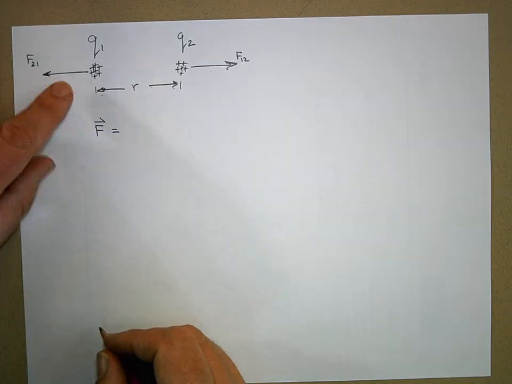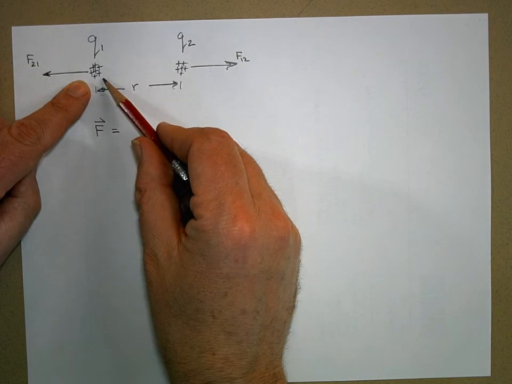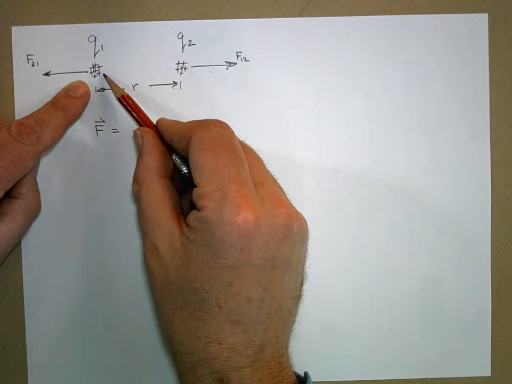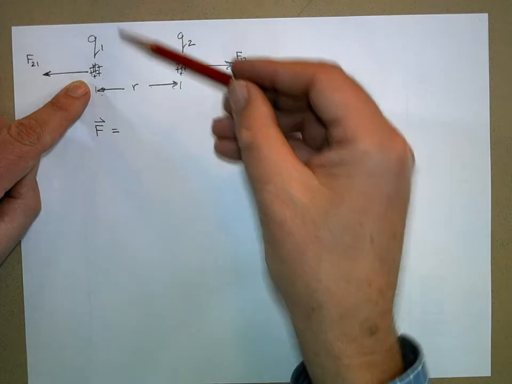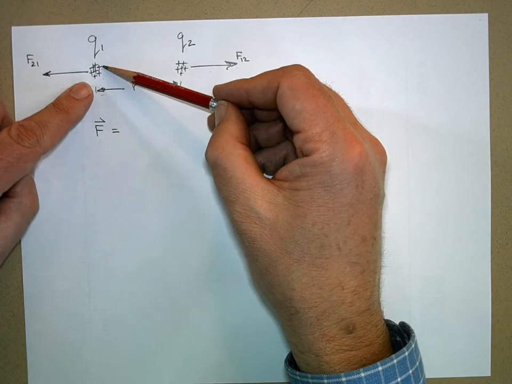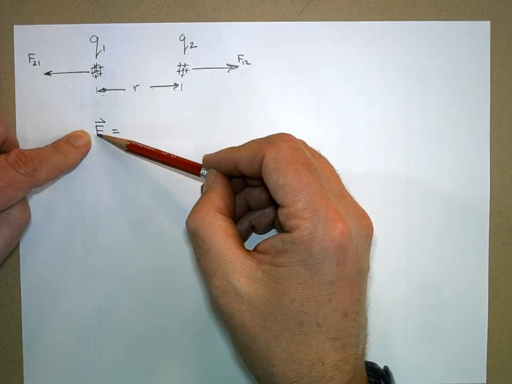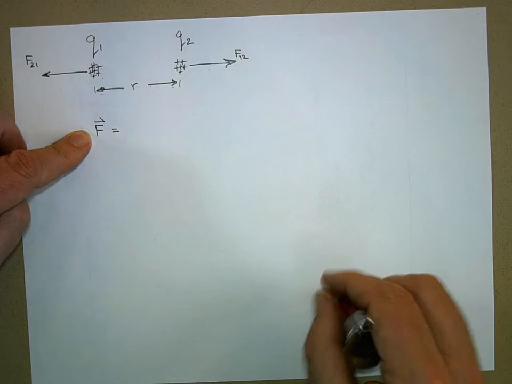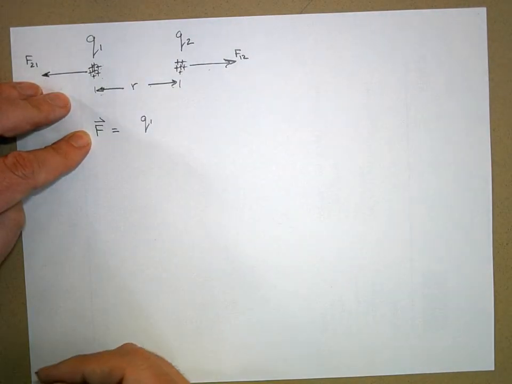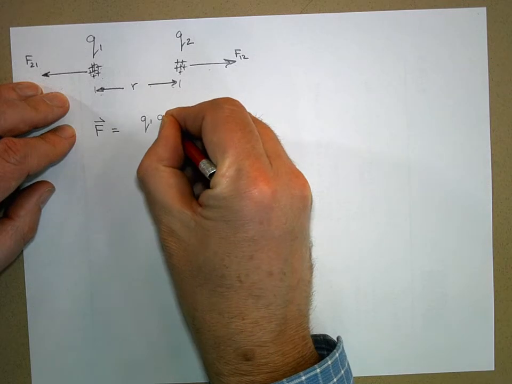First, if I make Q1 bigger, the force does get bigger. In fact, it's directly proportional. That is, if I double Q1, I'll double the force. If I triple Q1, I'll triple the force. So it's directly proportional to Q1. Now, by the same logic, it's directly proportional to Q2 as well.